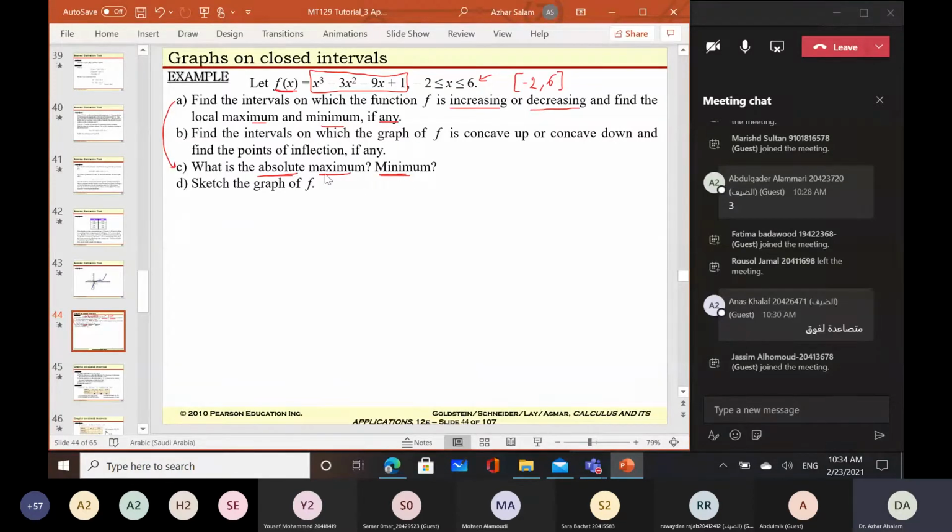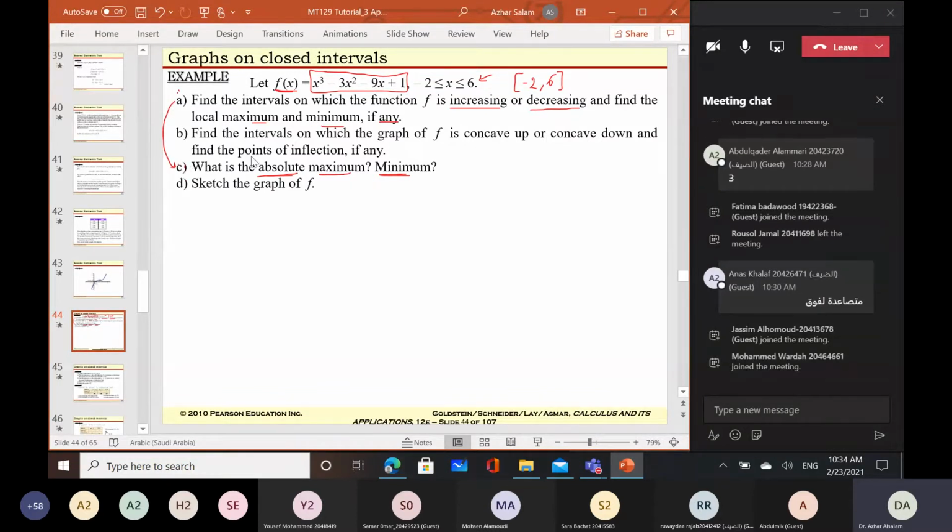Okay, I will solve A and C at the same step. Later we will read B and D. So here I will begin with A.